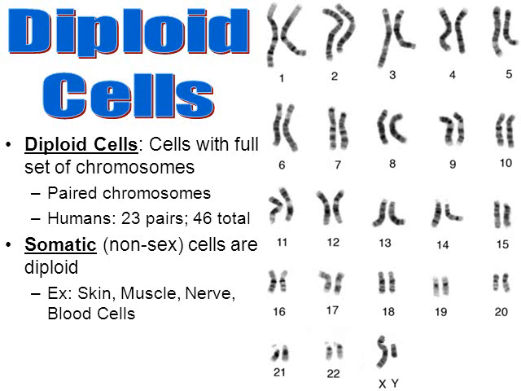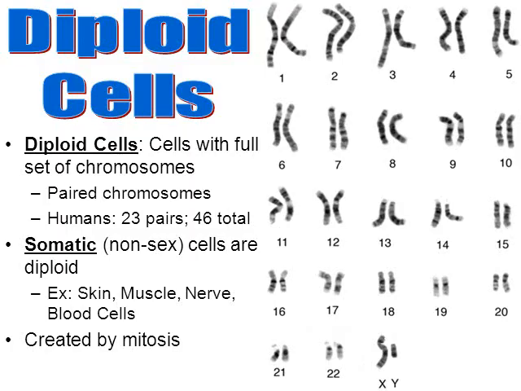The vast majority of your body is made up of somatic, non-sex diploid cells. These are the cells that divide by the process known as mitosis. Again, this video is not going to go into mitosis. I have another one if you want to watch that. But in general, I want you to know these truths about diploid cells.